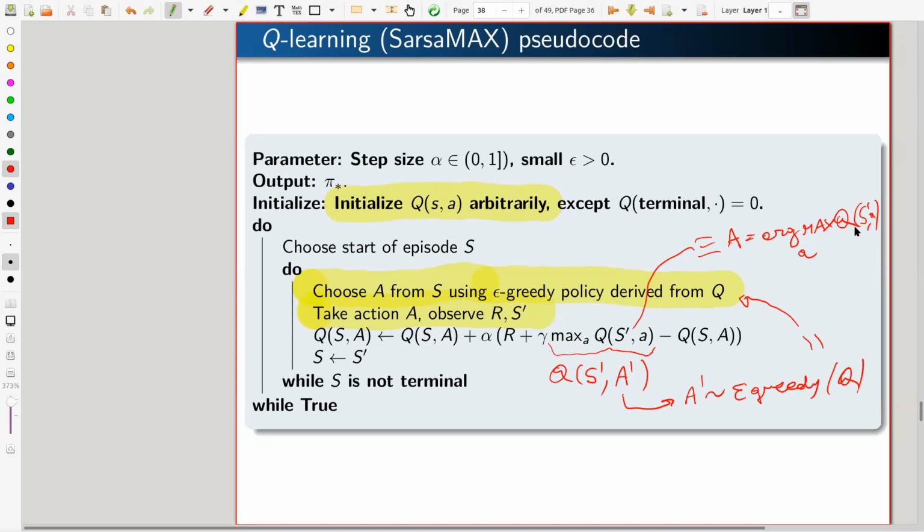I'm choosing from the table the action which is giving me the maximum value. That means the greedy action, if you like, greedy with respect to Q. And then I'm plugging this action here. And if you plug here the action that is giving you the maximum value of this table over all the actions, then you get the maximum.